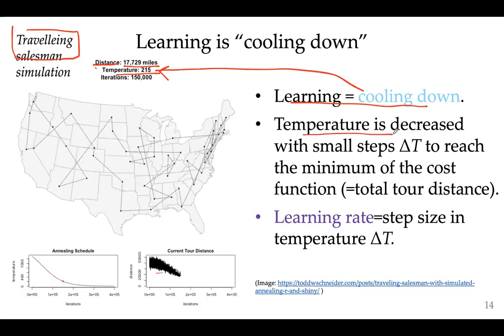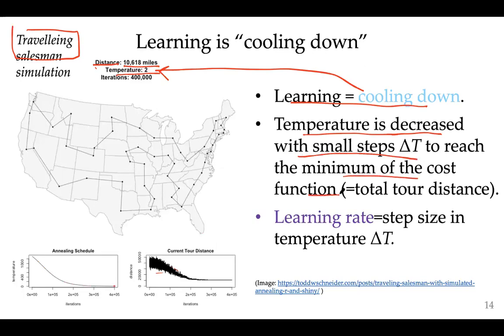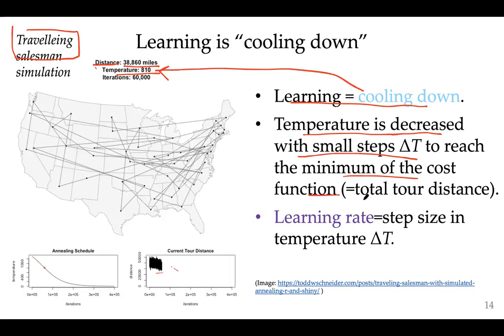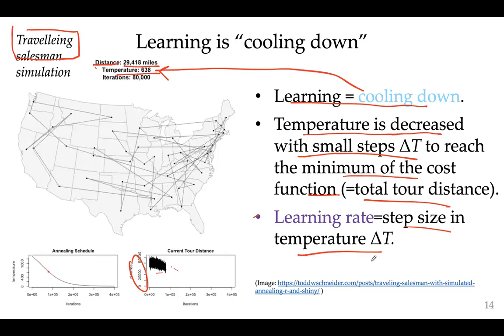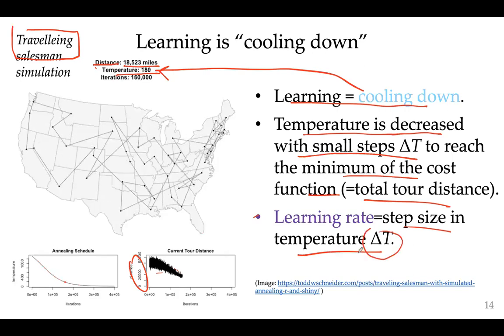Here, the temperature is decreased with small steps of delta t to reach the minimum of the cost function. The cost function is the total tour distance here, this one. And the learning rate is basically the step size in the temperature. So delta t is the step size, and it's the learning rate in the context of machine learning.